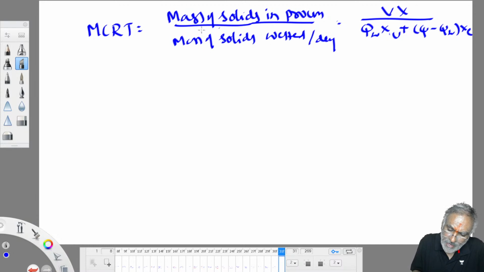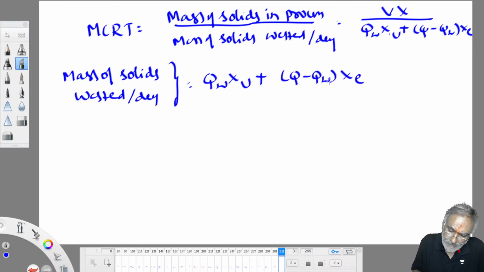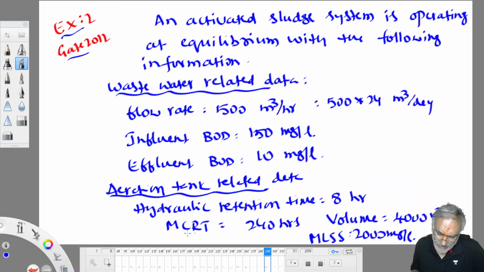So what is required? You require this. But unfortunately, so many are missing there. So you can't find out. But what is given indirectly? Mean cell residence time is given in the question. Given no? 240 hours. 240 hours means how many days? 10 days.